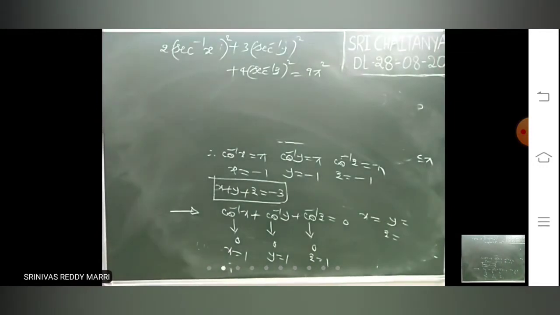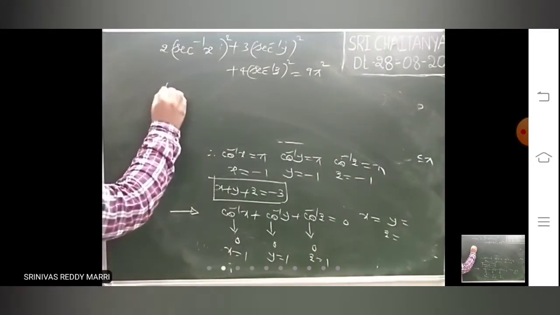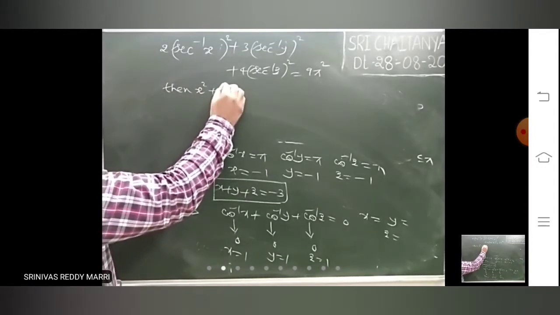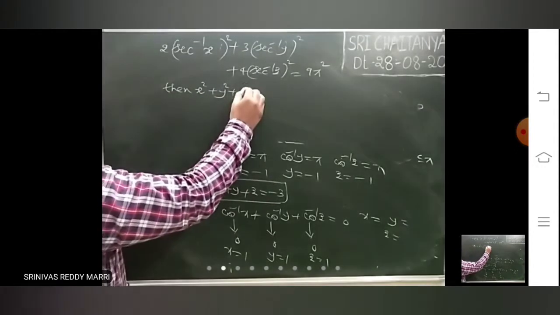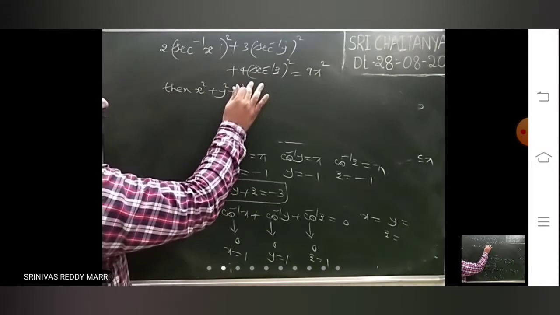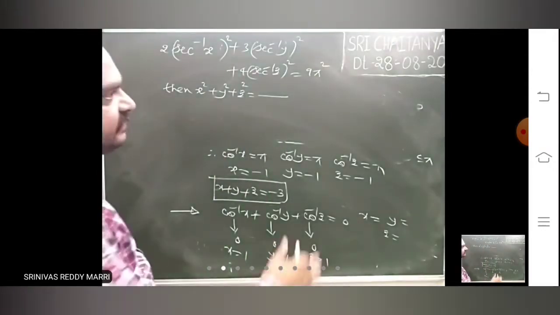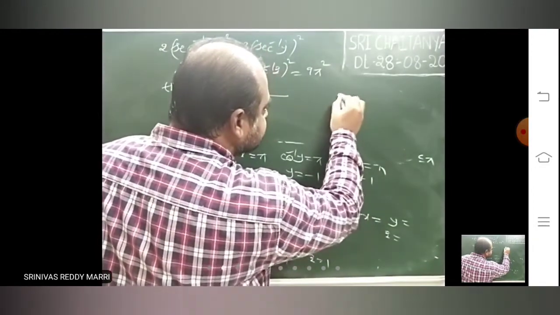He has given like this. 9 pi square, then x square plus y square plus z square equal to dash. First see what is the range of secant inverse x.